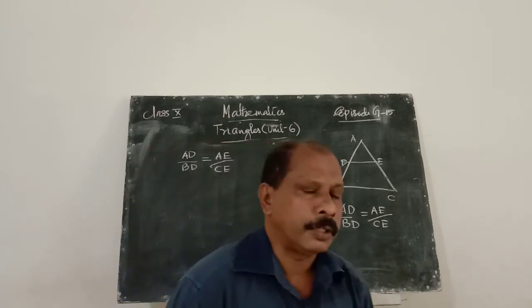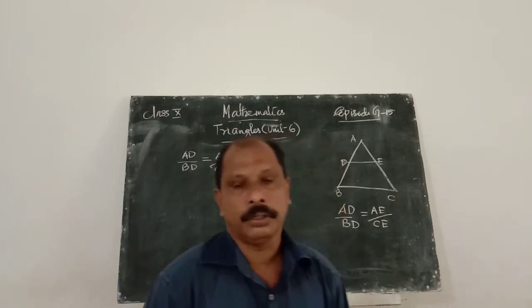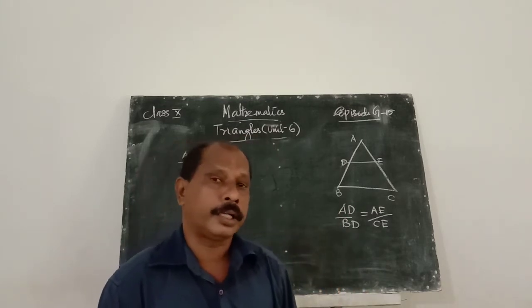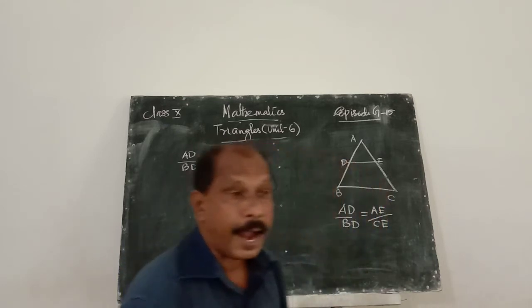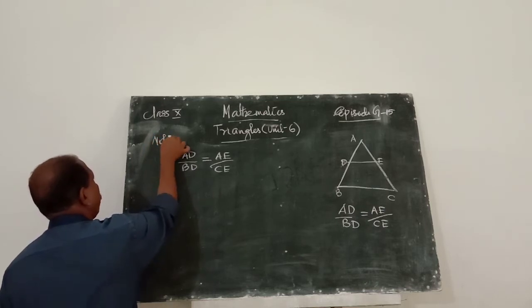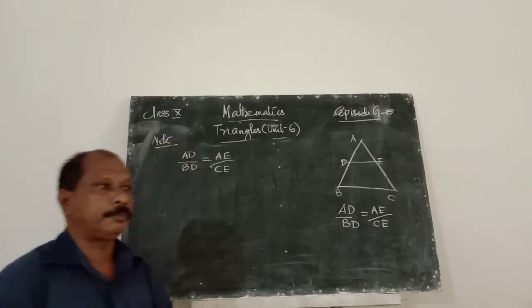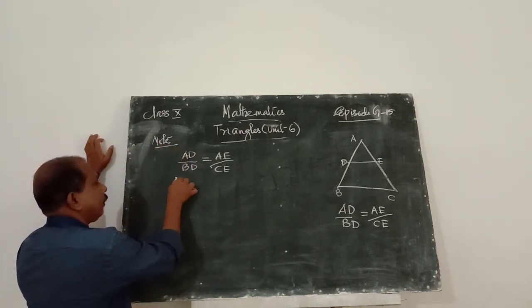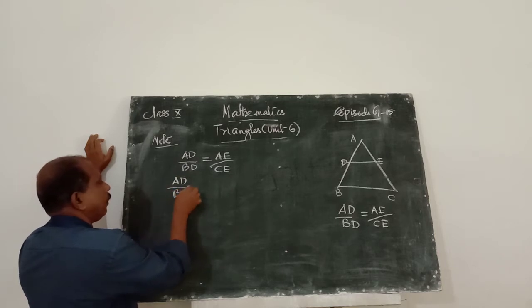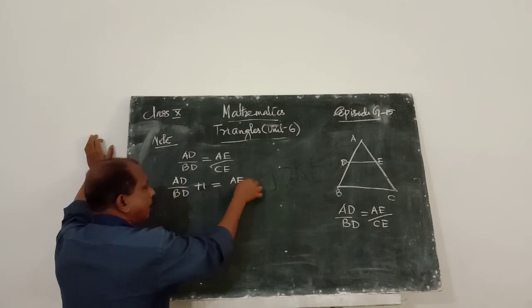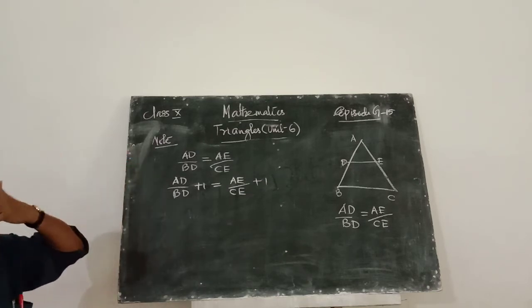Equals divided by equals are equal. But this is not the same for inequalities. Therefore, adding 1 on both sides, that is for problems, not for the theorem. That is, AD by BD plus 1 is equal to AE by CE plus 1. That is for problems only, not for the theorem.